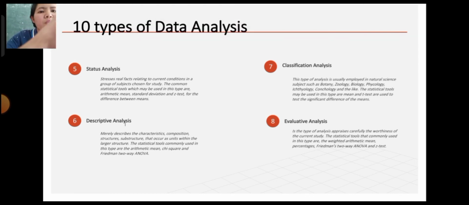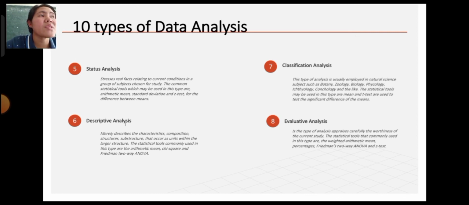And number 6, descriptive analysis, merely describes the characteristics, composition, structures, and substructures that occur as units within the larger structure. The statistical tools commonly used in this type are the arithmetic mean, chi-square, and Friedman two-way ANOVA. Number 7, classification analysis.